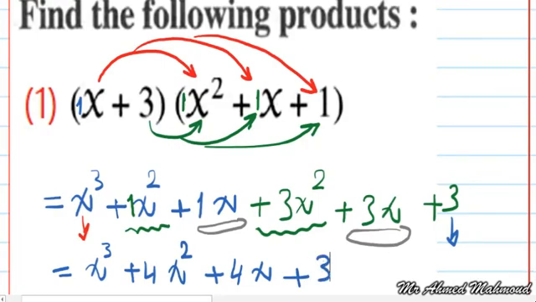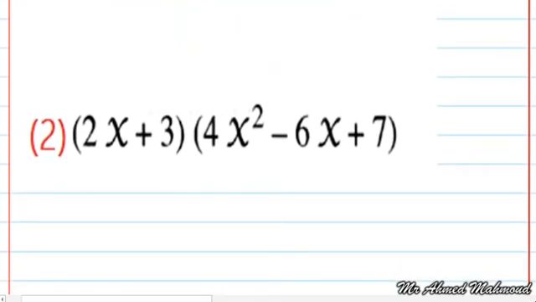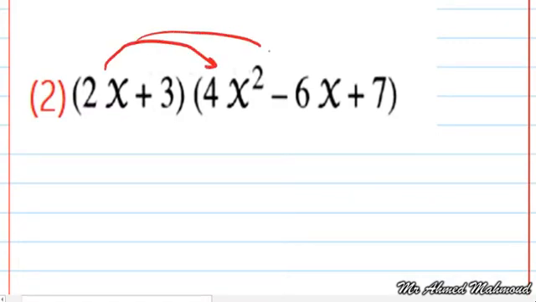Another example, number 2. Exactly the same way I'm going to distribute 2x by 4x to the power of 2 and negative 6x and 7.